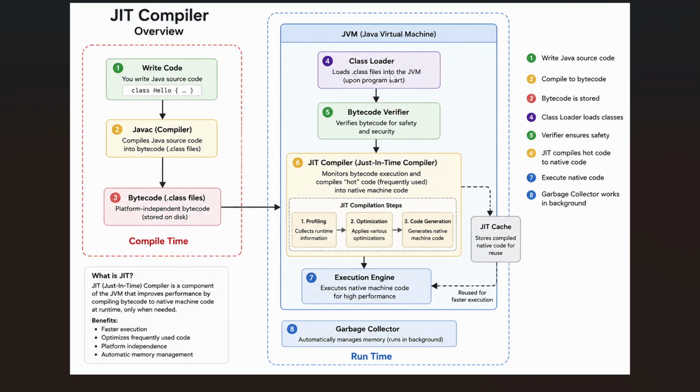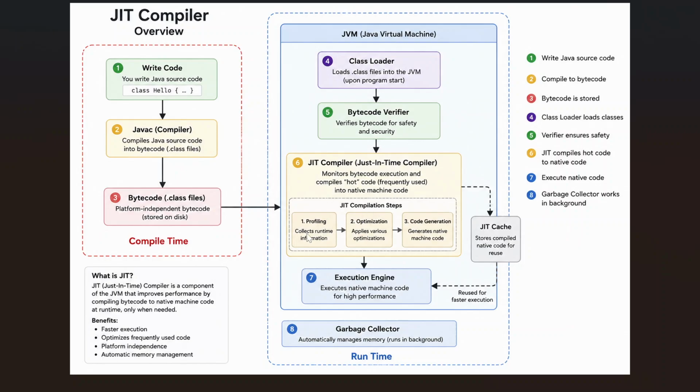It will load this bytecode, and don't think much about these intermediate steps as of now. We will discuss the JVM architecture in depth in the upcoming videos. As of now, come to this stage where you have your just-in-time compiler, the JIT compiler, which is part of your JVM. It monitors your bytecode execution and finds the code which is repeating and frequently used.